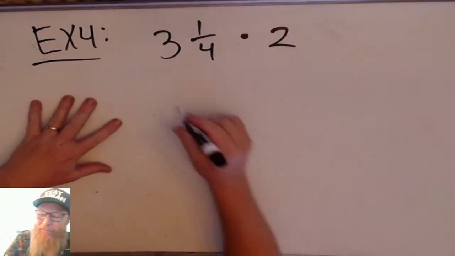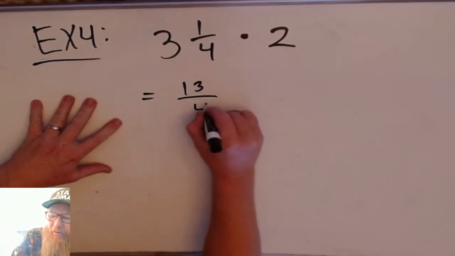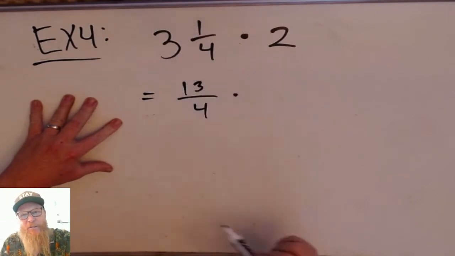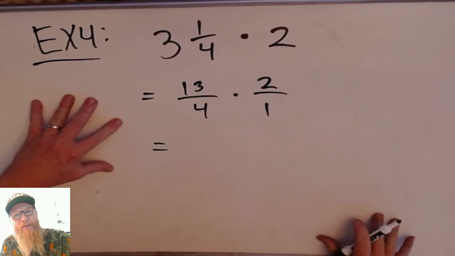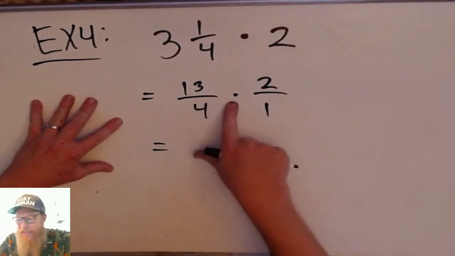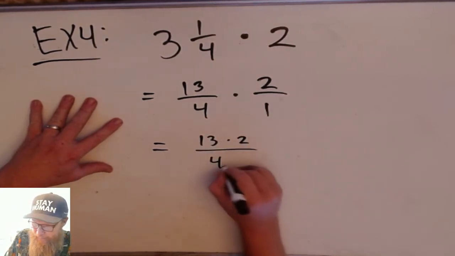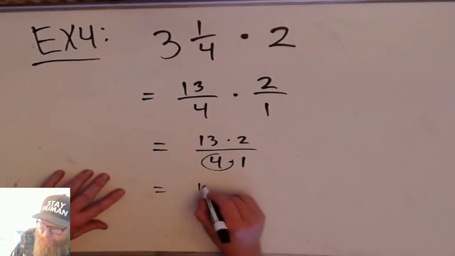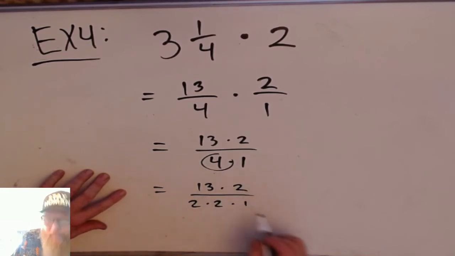All right, let's see. So 3 1/4 will be 13/4. 3 times 4 is 12, plus 1 is 13/4. 2 over 1. Okay, this is not division, this is multiplication, so I'm just going to go straight across. All right, it's factorable.